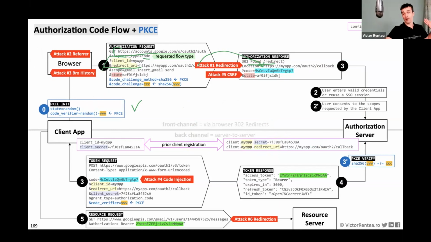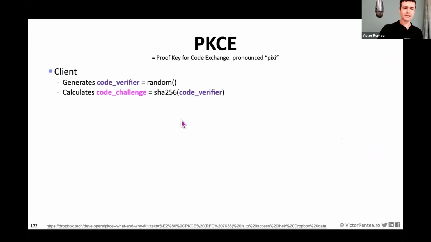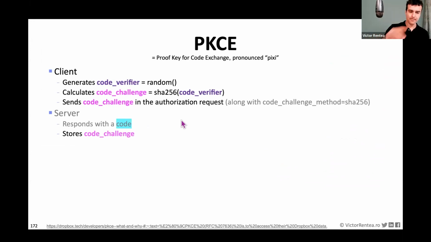It took me quite some hours to get this. So with PKCE, the client will generate a random number, hash it, and send the hash. The server remembers the response with the code, but stores the code challenge, the hash.